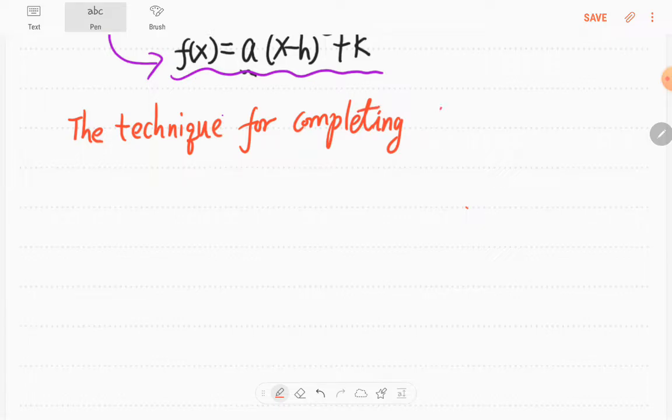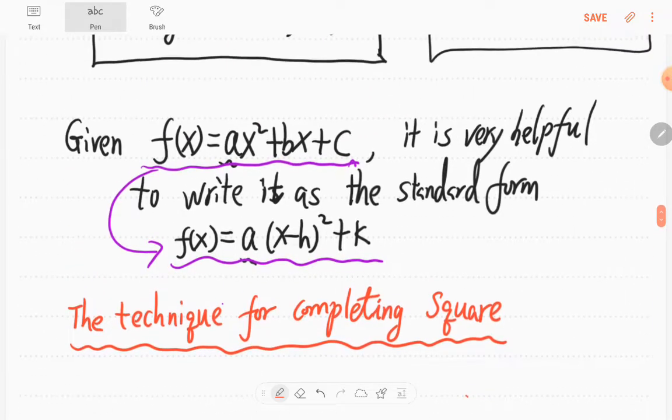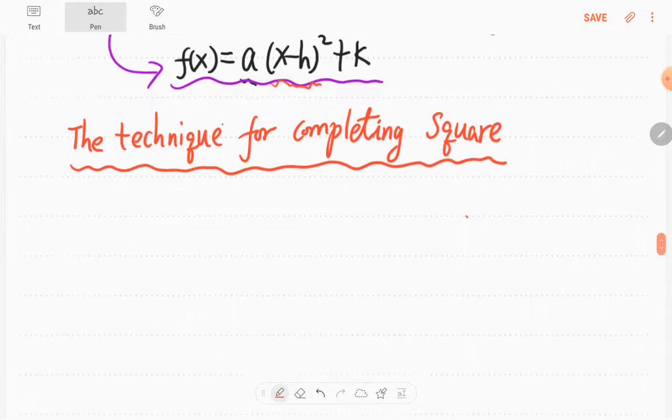In other words, I will tell you the technique for how to get this square from this one.